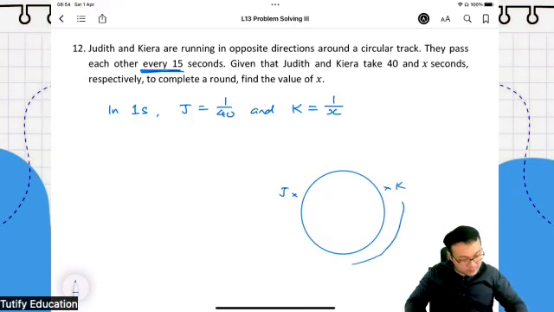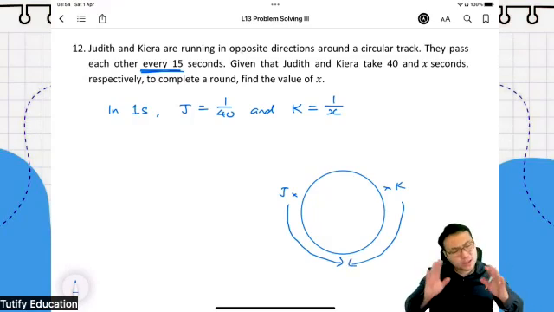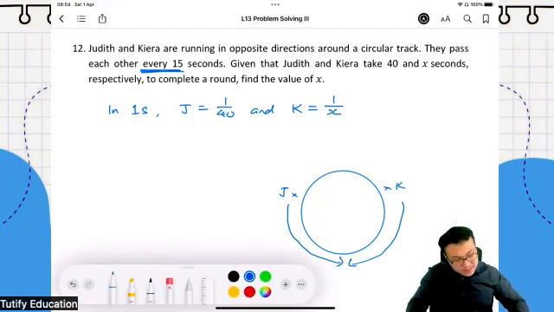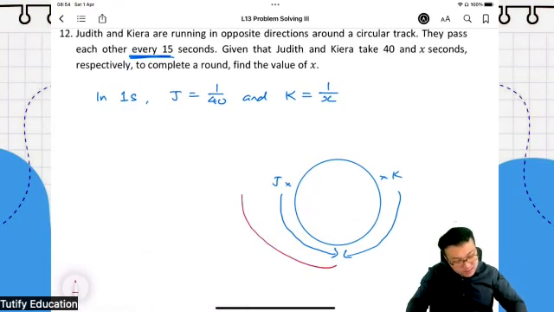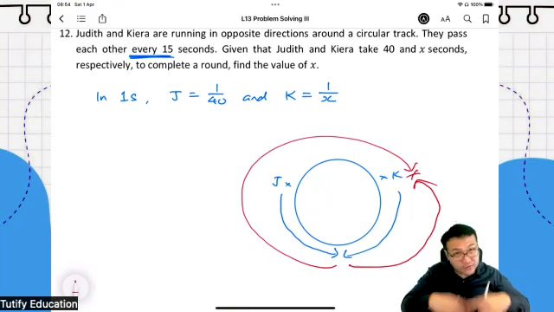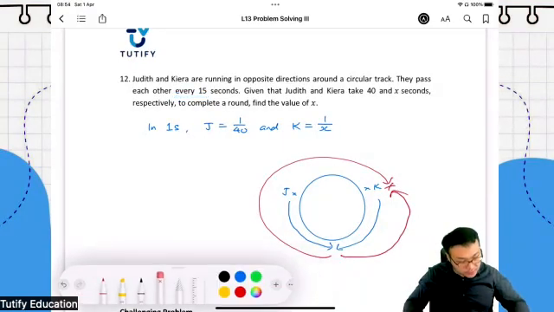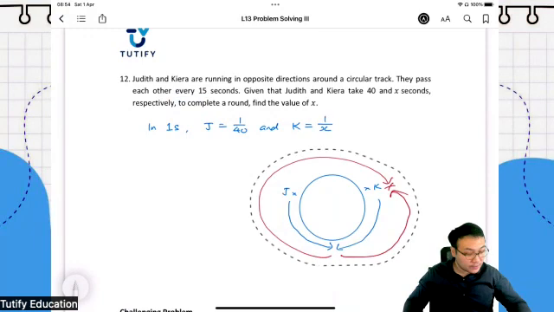Fine. The first time that they pass each other, it may not be 15 seconds. That's okay. But the second time that they pass, it will already be 15 seconds. From this time onwards, every time is 15 seconds, 15 seconds, 15 seconds. So it does not matter whether they start from the same point or from a different point.